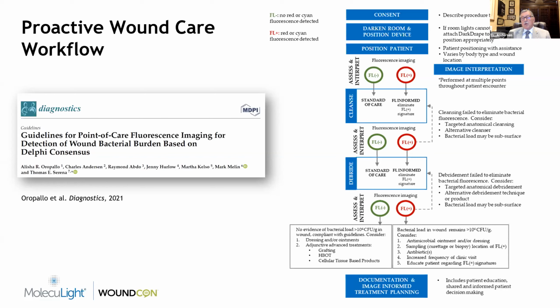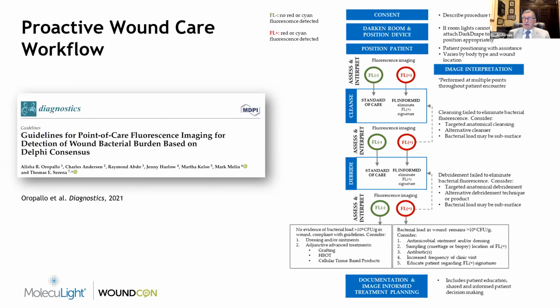So we know where the bacteria is in that wound, and we can then debride that area, rescan, and make sure that through cleansing and debridement that we've removed the bacteria in that wound. So the goal is to use that scan to identify the bacteria, but then to use the scan to document that through cleansing and debridement that we've removed the bacteria.